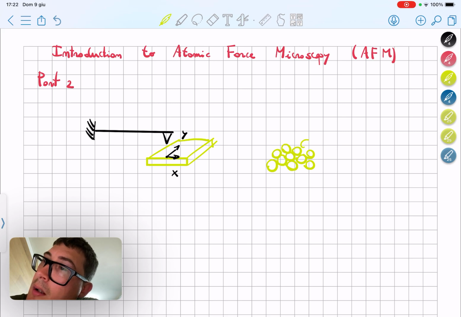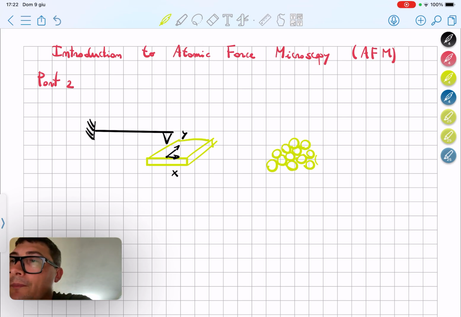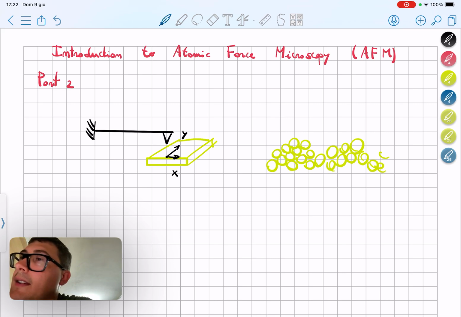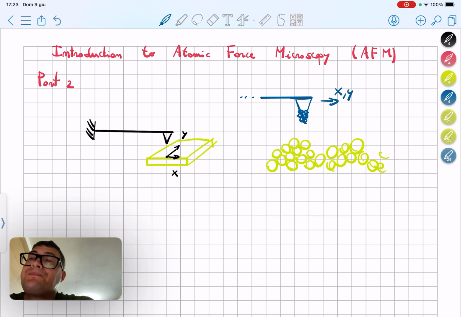So it will have some troughs, some peaks, etc. And the cantilever tip is also composed of atoms, and will be feeling the presence of these atoms as it moves in the x or y direction.